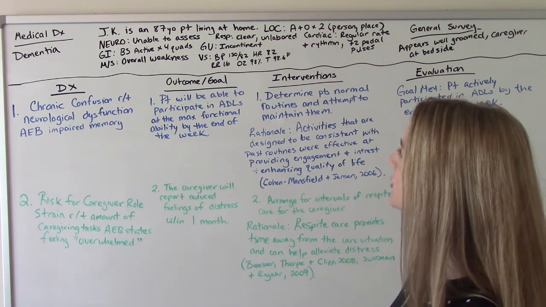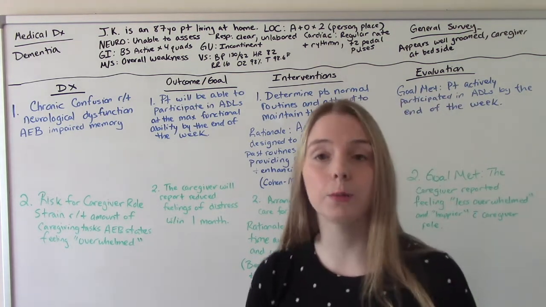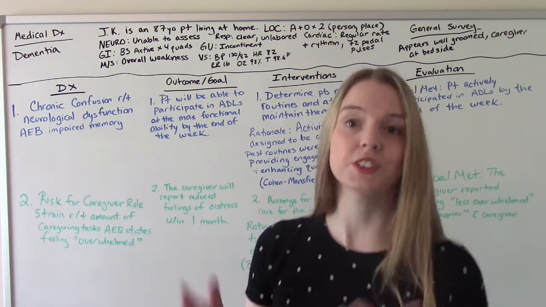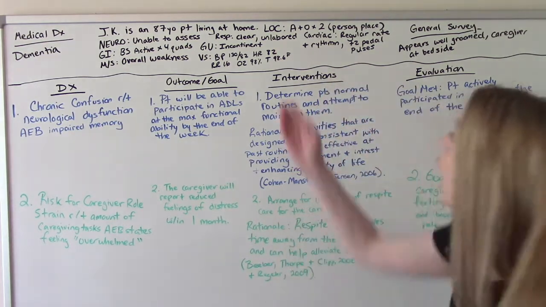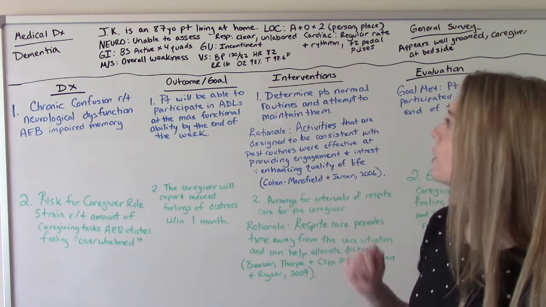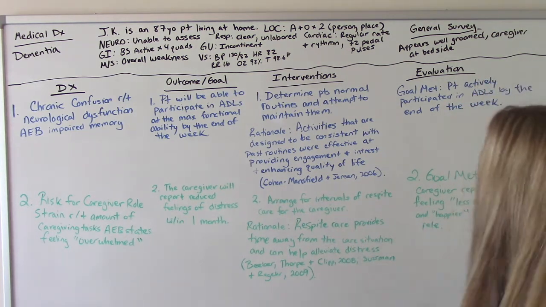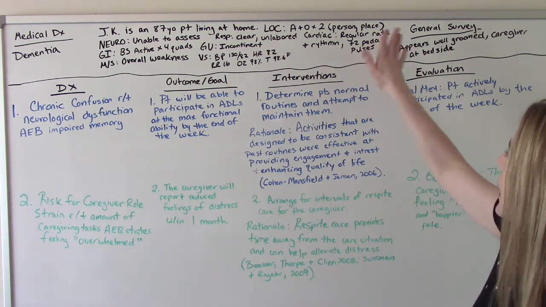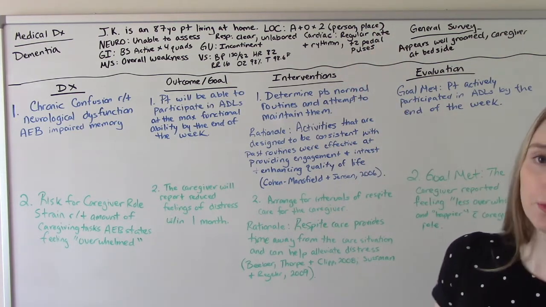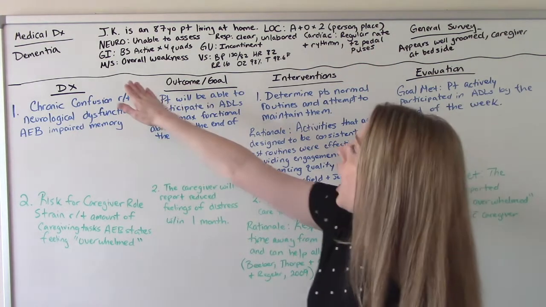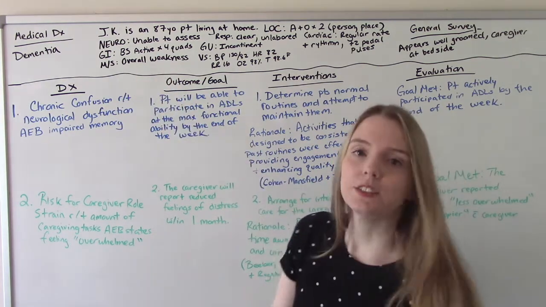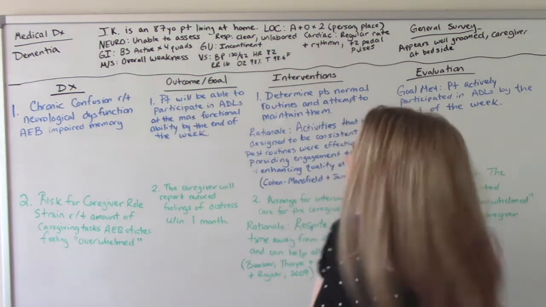The neuro checks, so we were unable to assess neuro because they were unable to cooperate with us, which sometimes happens. Respiratory assessment, so lungs are clear throughout, breathing is unlabored. Cardiac, regular rate and rhythm, and then +2 pedal pulses. Our GI assessment, active bowel sounds in all 4 quadrants.